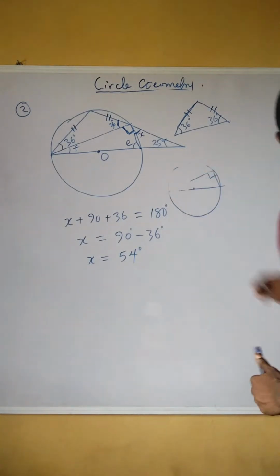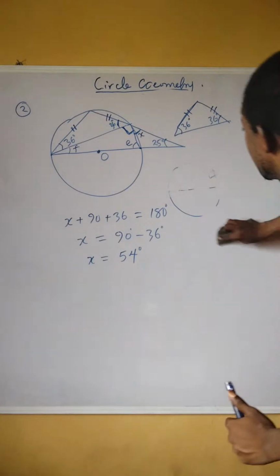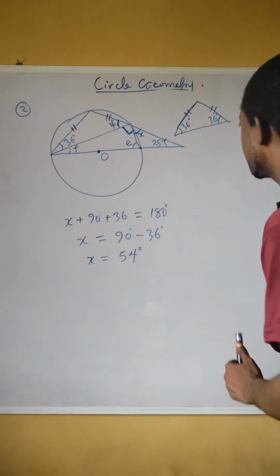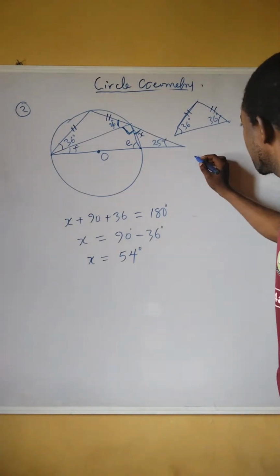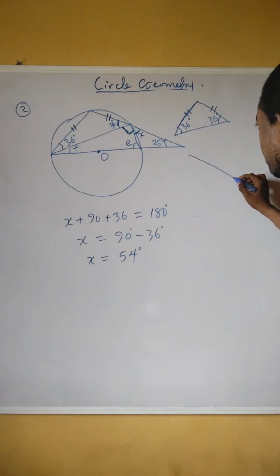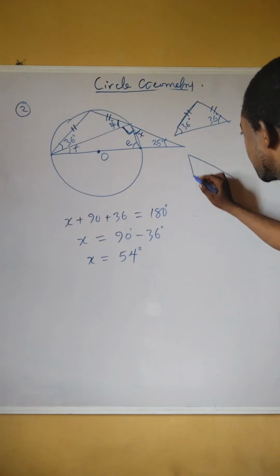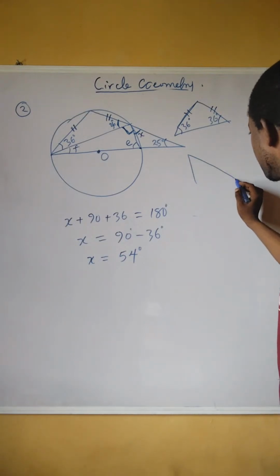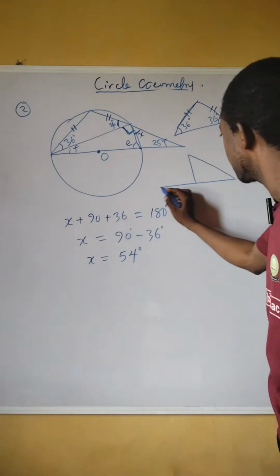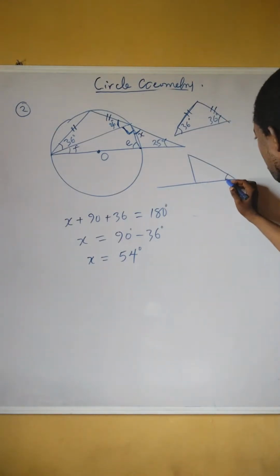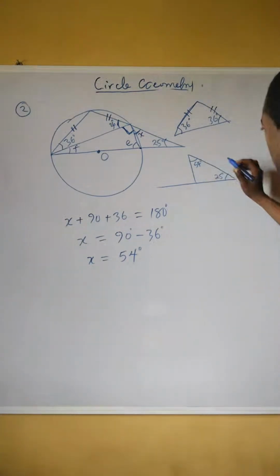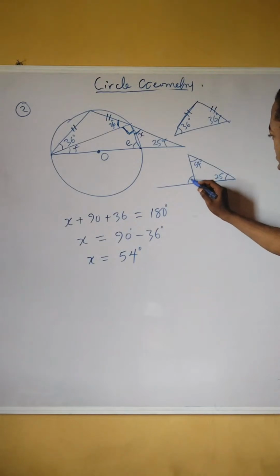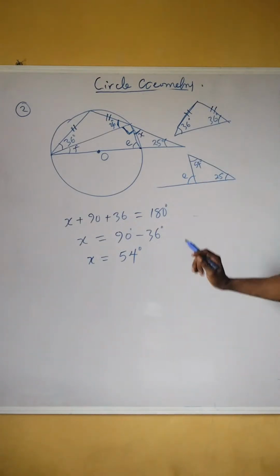Now, considering this triangle here, there's something interesting that we need to see. Look at the way it is. This side is drawn and extended outside. We got this as 25 degrees, and this as 54 degrees. This angle here seems like an exterior angle of this triangle.